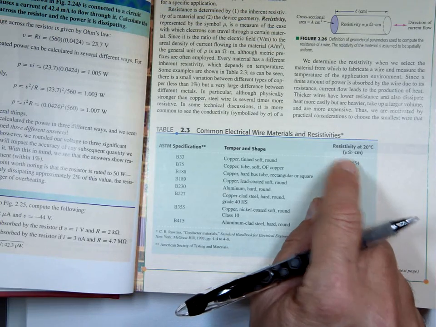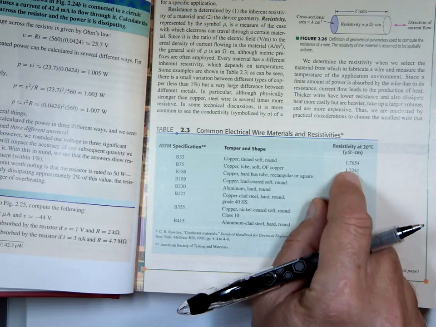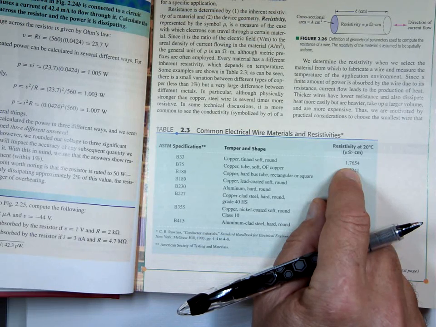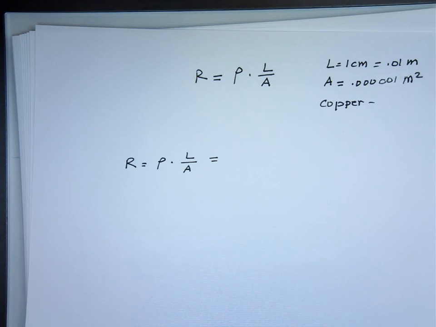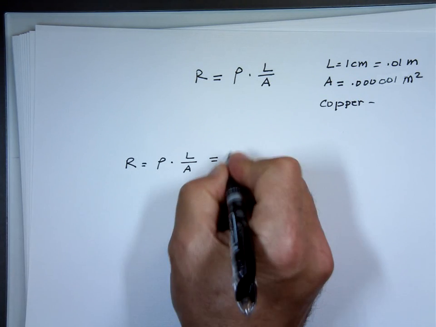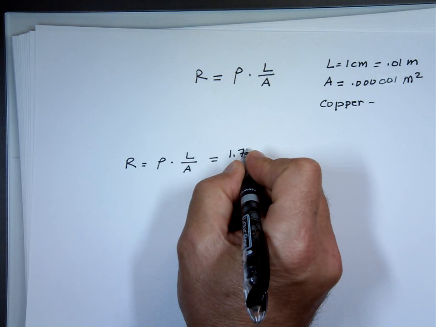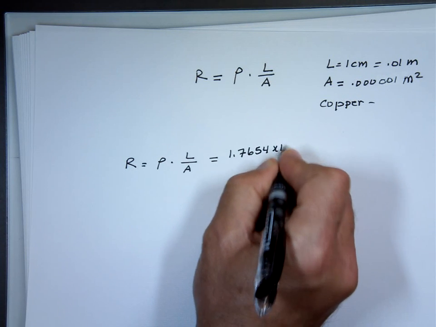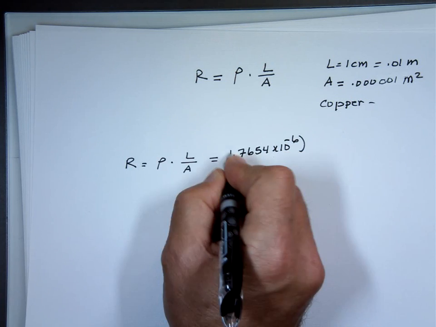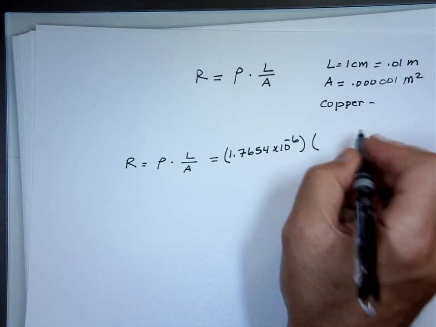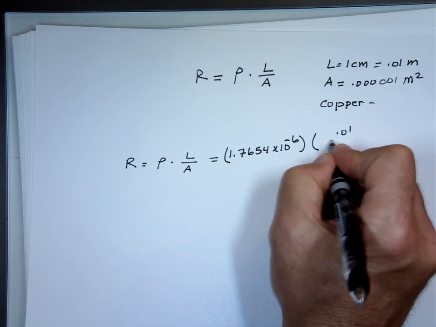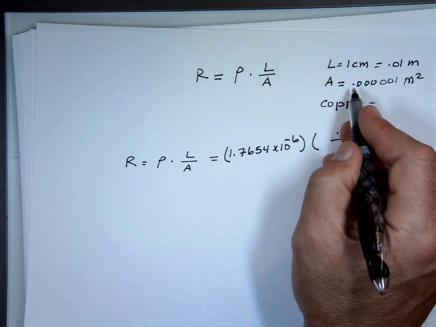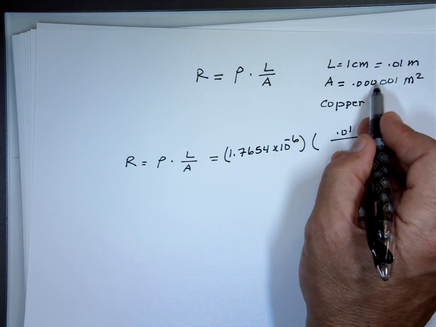What's a micro? 10 to the minus 6, right? So this will be 1.7654 times 10 to the negative 6, times L, which is what? 0.01 over m squared. Well, if I move the decimal point, that's 1, 2, 3, 4, 5, 6. 1 times 10 to the negative 6.